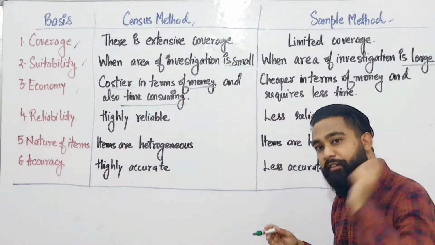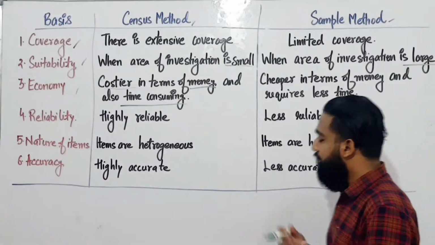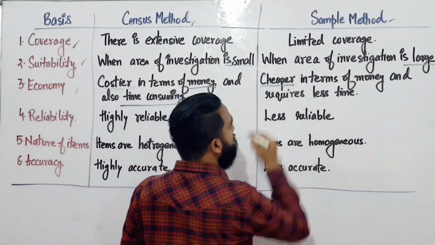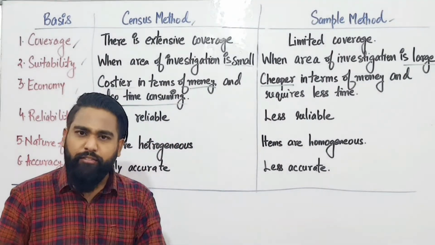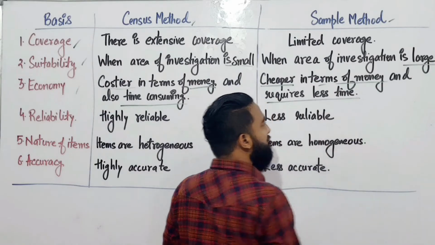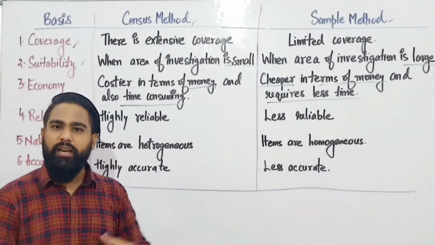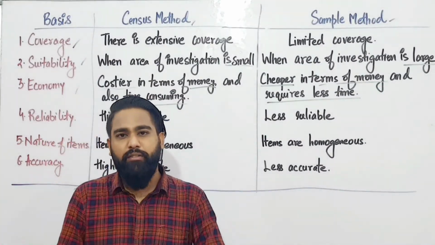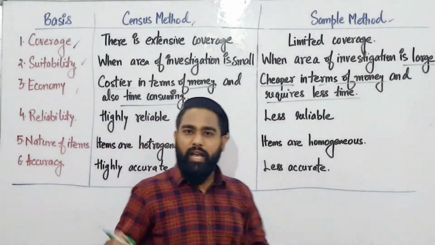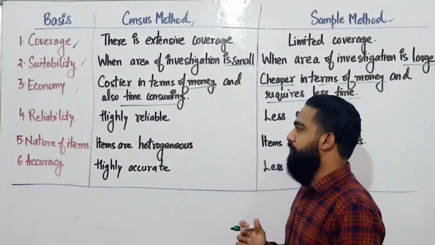When we come to the sampling method, it is cheaper in terms of money because you select only a few representatives, and it requires less time, because you can randomly select a few items and conduct your inquiry. So it takes lesser time in comparison to census method.